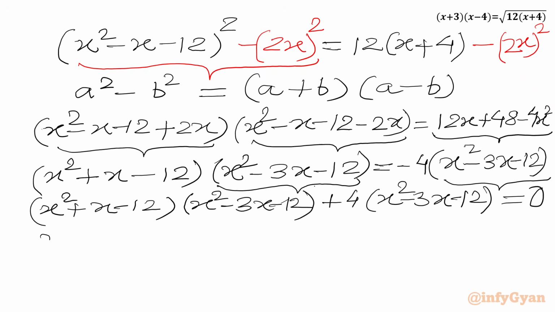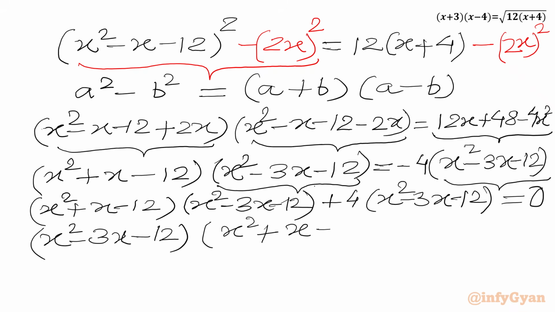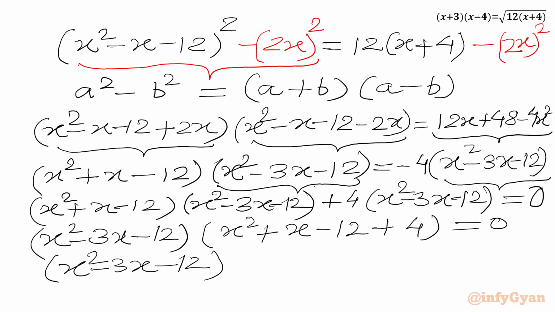Now we can take x square minus 3x minus 12 common out. So in the other bracket we will write x square plus x minus 12 plus 4 equal to 0. Or we'll be writing x square minus 3x minus 12 times x square plus x minus 8 equal to 0.